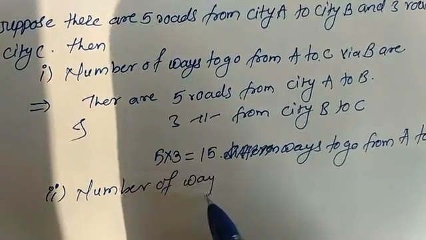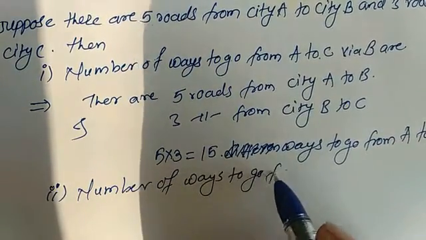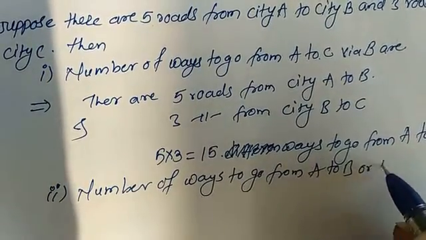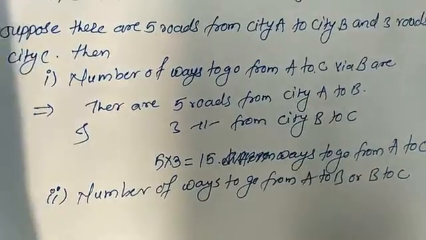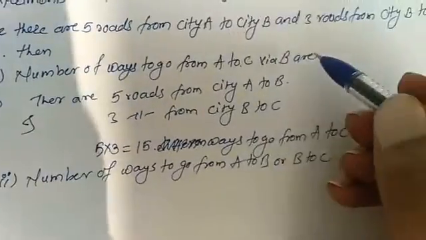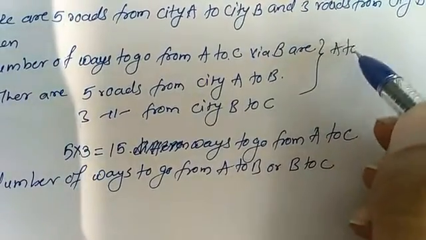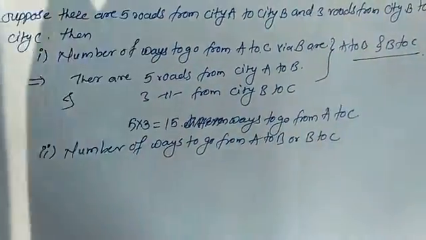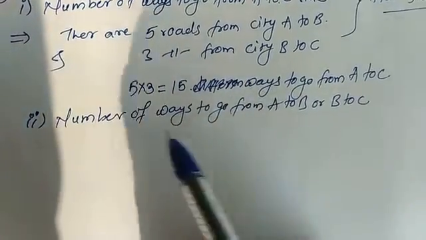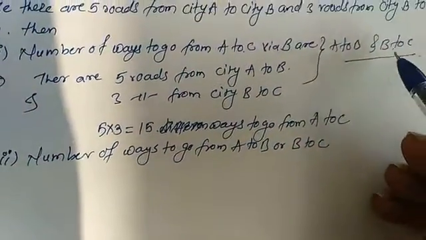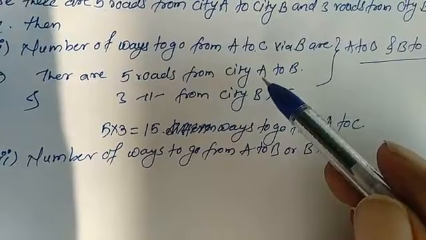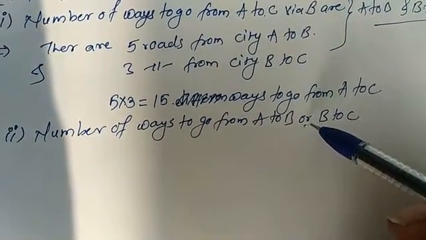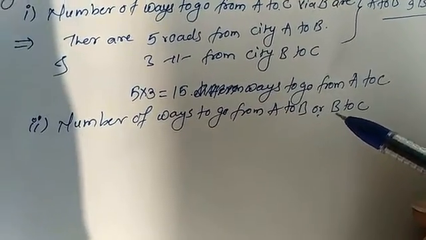Okay, and in the second, the question given is the number of ways to go from A to B or B to C. Okay, here it also means that we have to go from A to B and B to C. Okay, so in this second, if there is an and, we have to use multiplication, that means the multiplication principle, and if there is an or, then you have to use the addition principle.